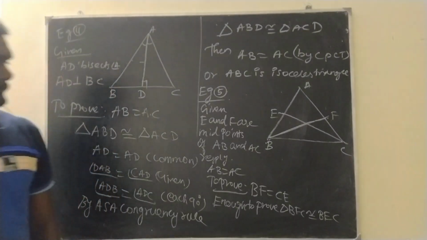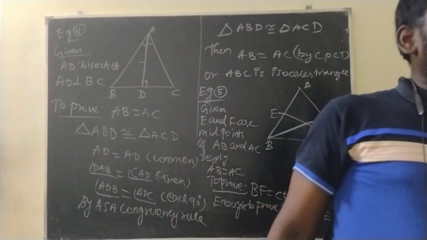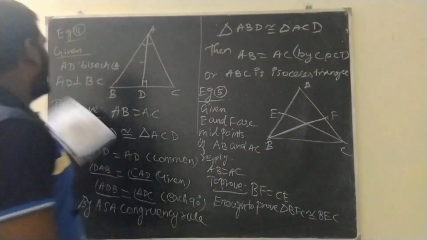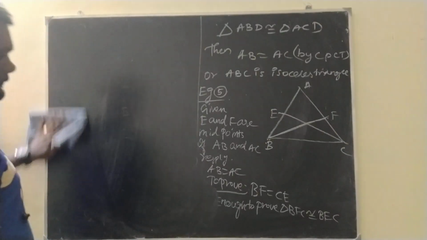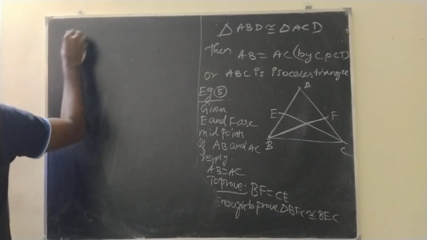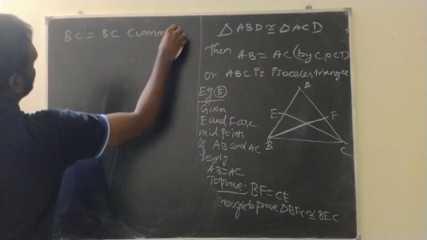How can that be proved? We have BC as the common side. As you can see clearly, BC is equal to BC because it is common.